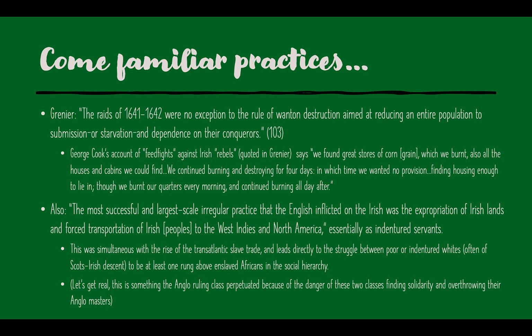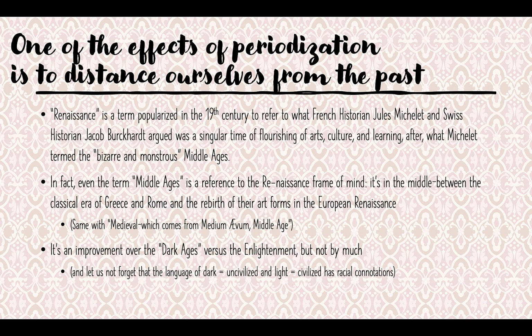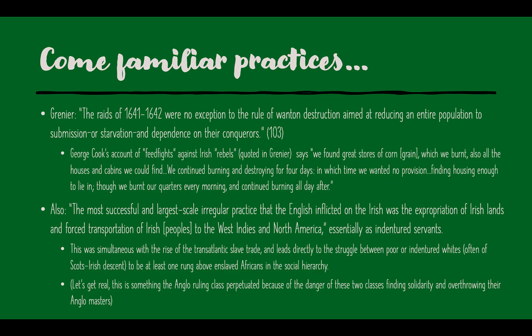So they're both in servitude of different varieties, but you don't actually get the establishment of their different statuses based on race until Bacon's Rebellion, and that's actually much later in North America.